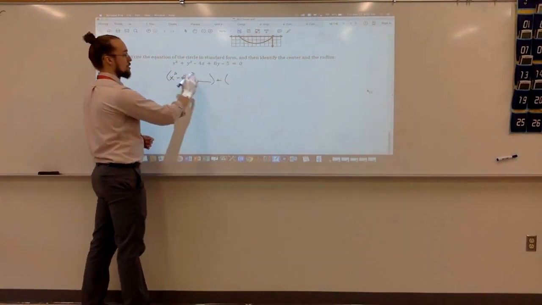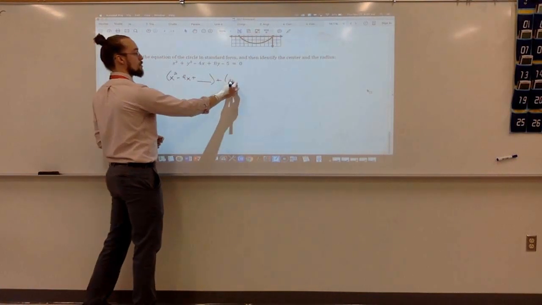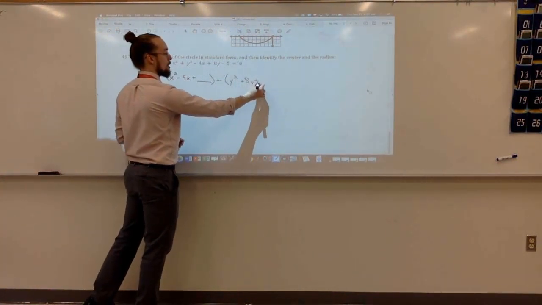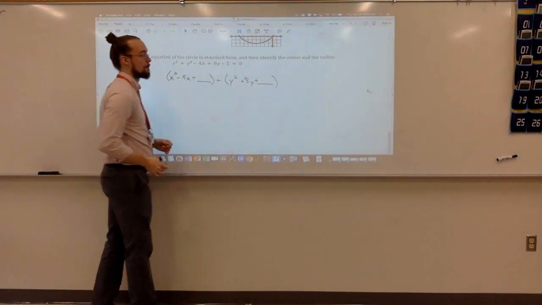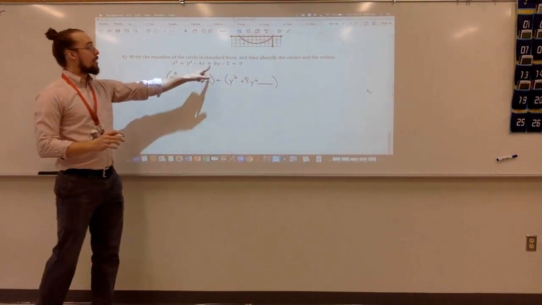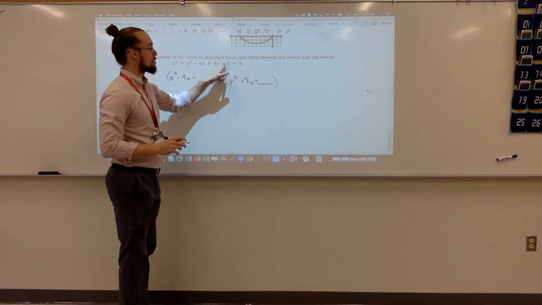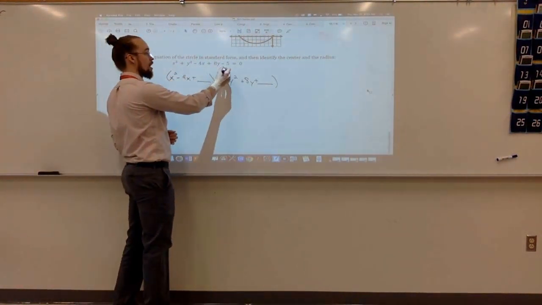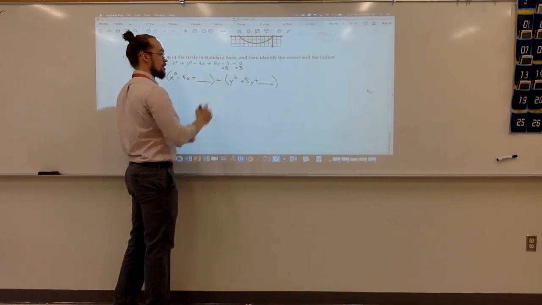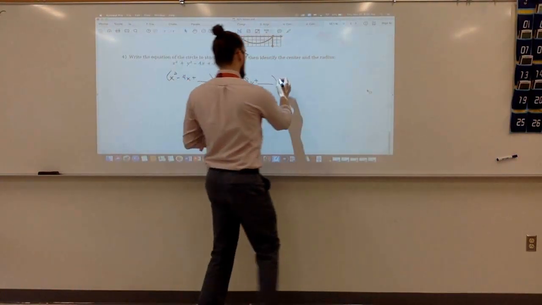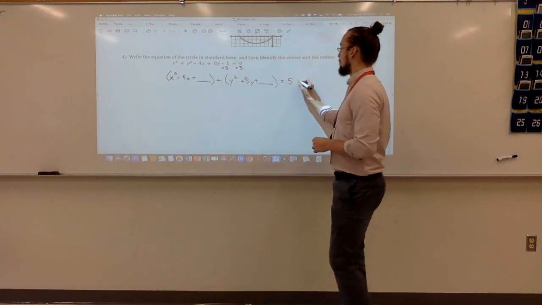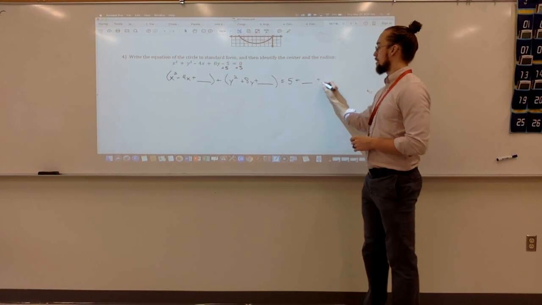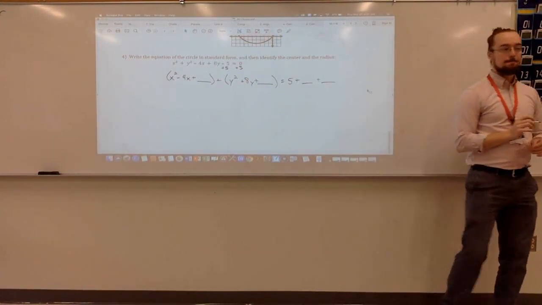Then plus, and I'm going to collect my y terms, so plus y squared plus 8y plus blank. And then whatever my constant term is, I'm going to move that to the other side. So I'm going to add 5 over to the right side. So I'm going to write that as equals 5 plus, then I need to account for these two blanks. So plus blank plus blank.